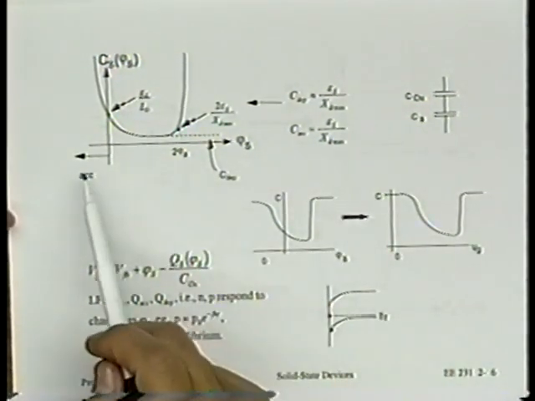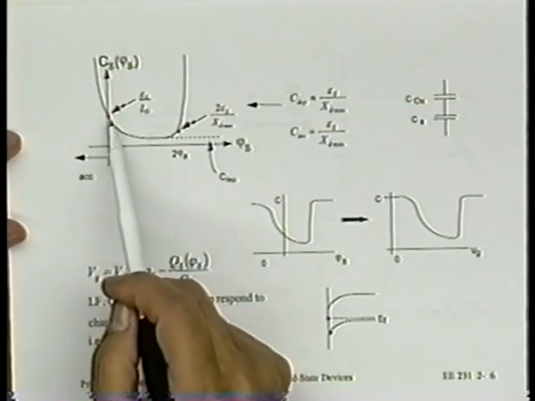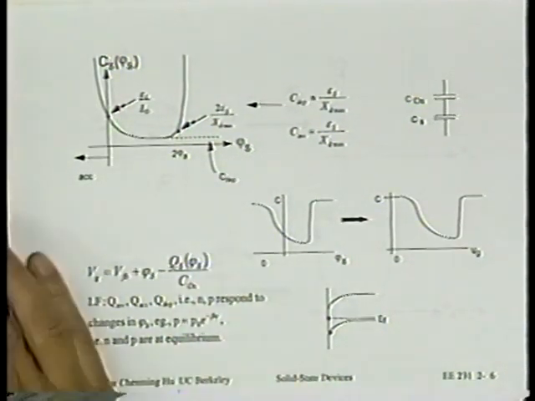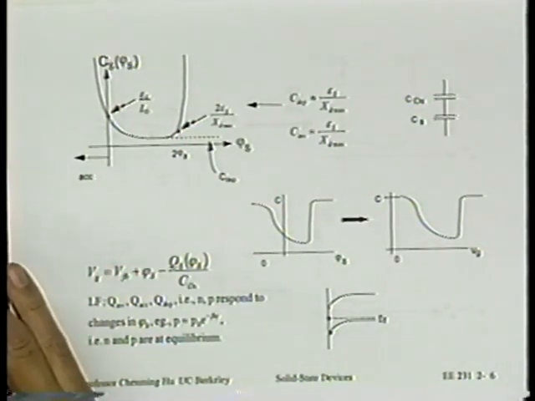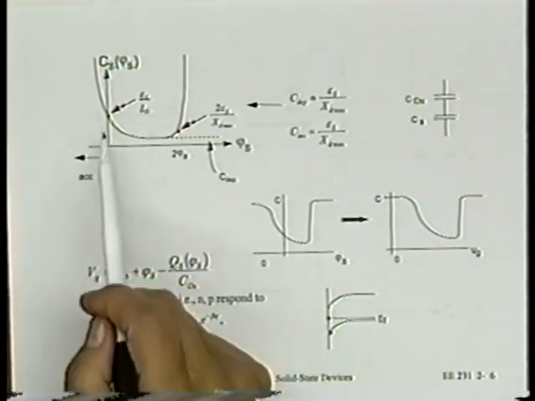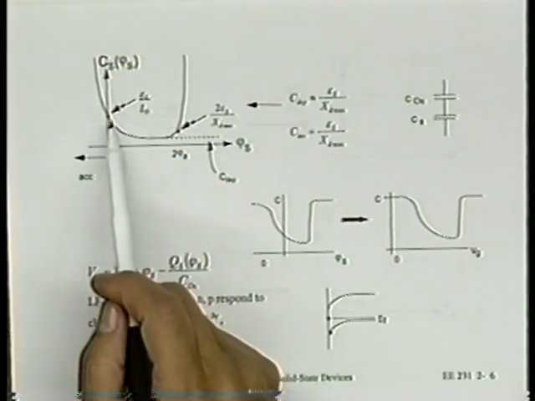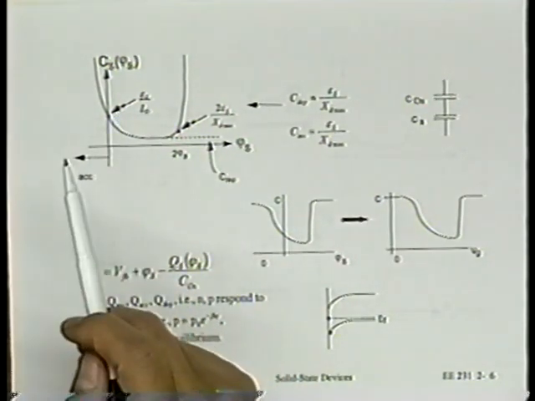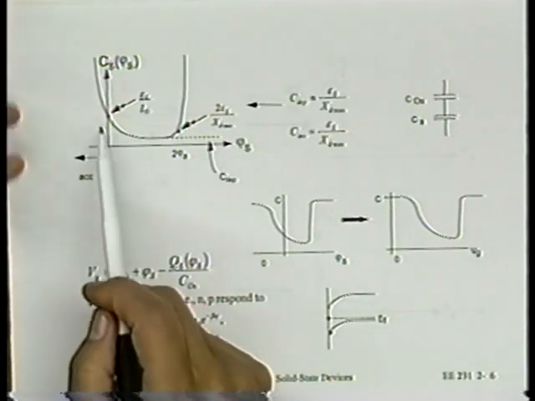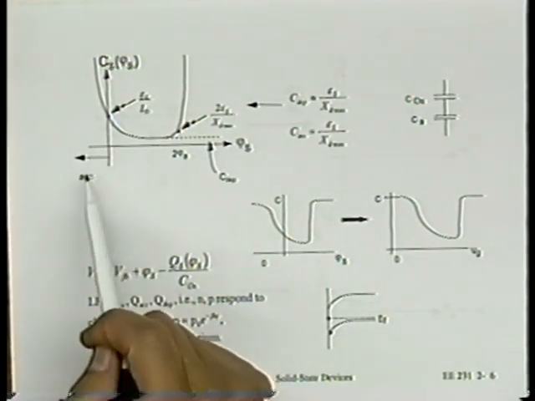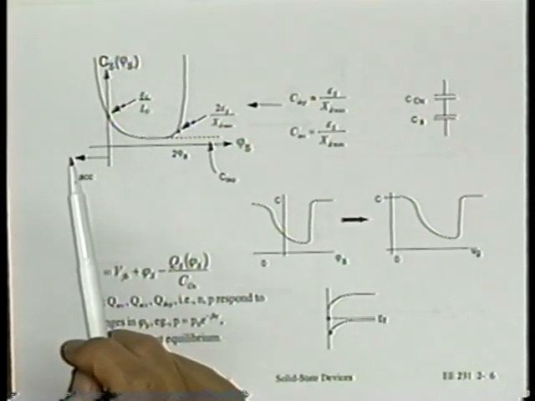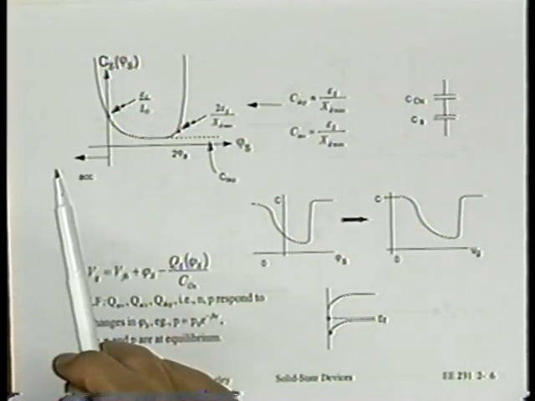Specifically, when we are in the accumulation region, CS increases very rapidly. The interpretation is that the accumulation layer thickness becomes very narrow. It is equal to LD right at flat band, but as we go more strongly into accumulation, the layer becomes thinner and thinner, never zero.